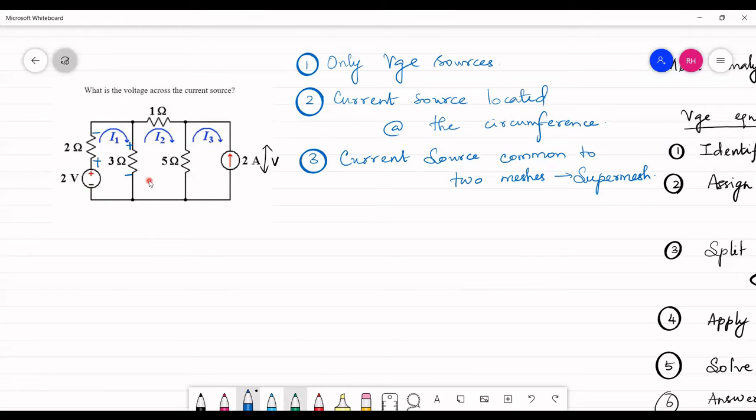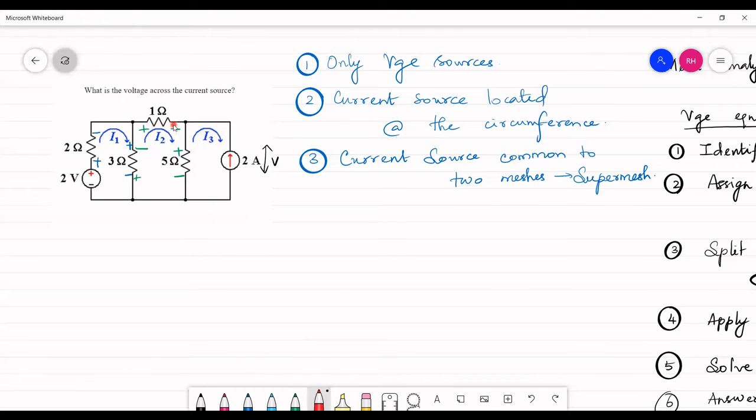And now over to the second mesh. Again here current enters. Current is going to go in this direction. So current enters plus, leaves minus, enters plus, leaves minus, and then again it enters and leaves here, so plus and minus.